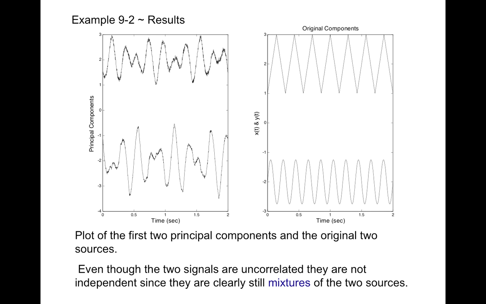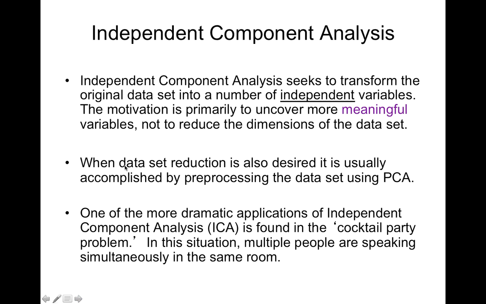It is not a good technique to use if you want to unmix two signals or more. So while you will eliminate unnecessary dimensions in your data, you will not unmix the signals. That requires a different technique. The technique that we would use there would be independent component analysis.